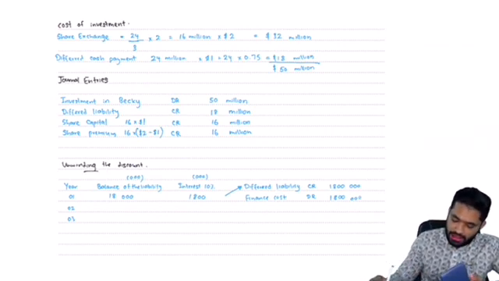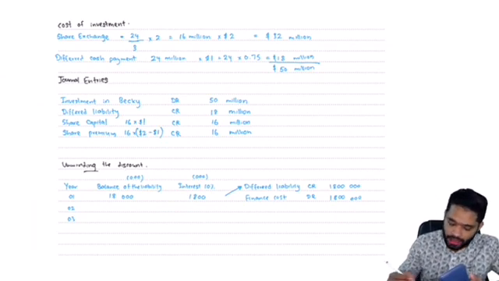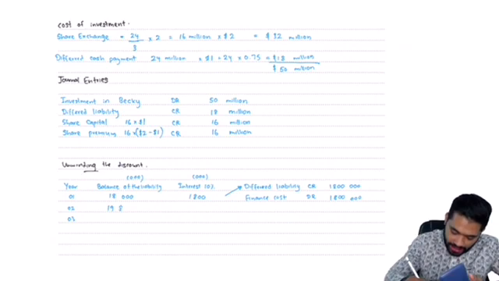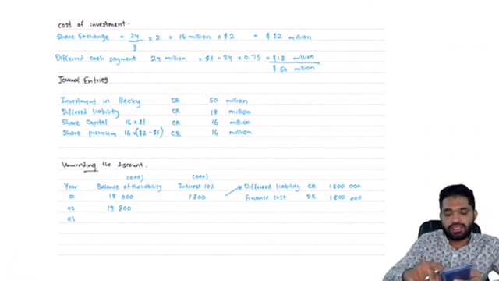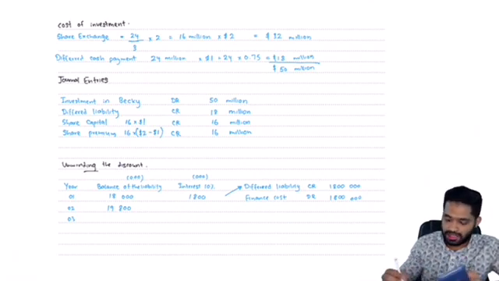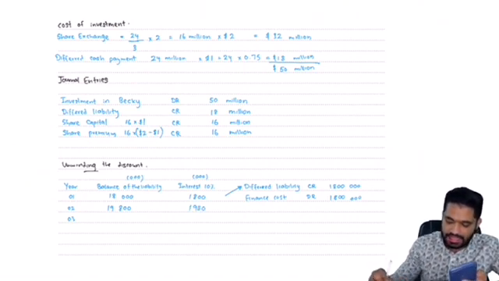Then this basically increases your liability. So when it comes to the second year, the balance of your liability would be 19.8 million, which is 18 million plus 1,800. On this 19.8 million, we'll be charging 10% interest, which is 1,980.